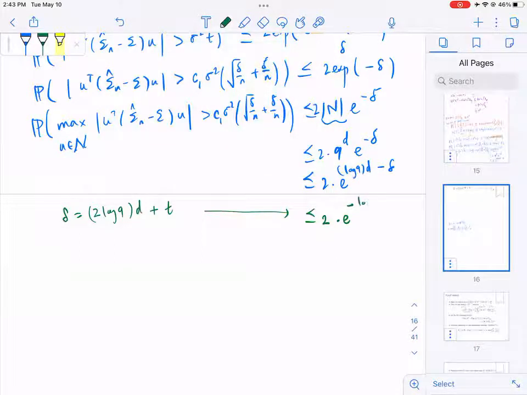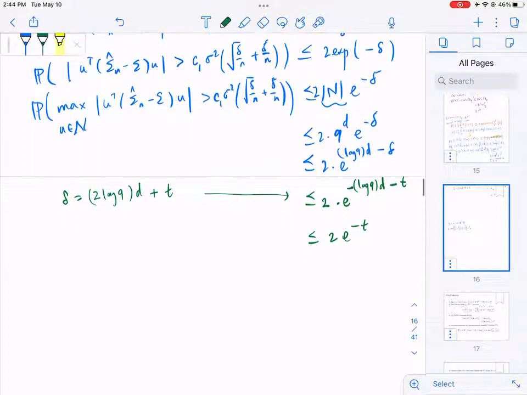I get log 9 times d, right, and then minus t, right? And then this is less than 1. I'm just going to do it like that, okay? So this part is less than 1. It just remains to see what this part is.